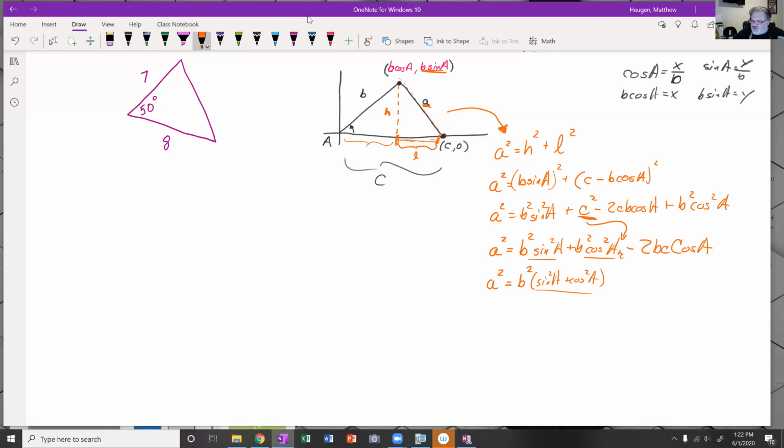I'm going through this kind of quickly because I want you guys to see where it comes from, but I don't want to get too bogged down in it. So our A squared is equal to B squared plus C squared minus 2BC cosine A. So that result is the simplified form of this tool.